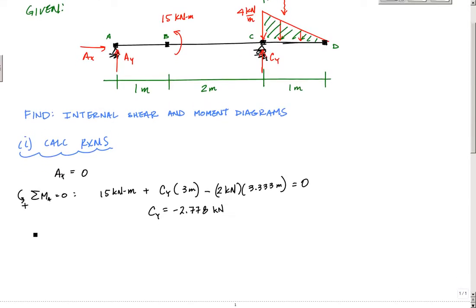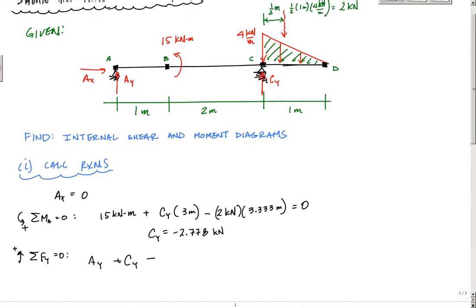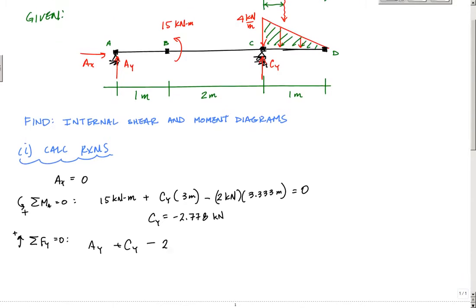When I do my sum of the forces in the y, positive upwards, equals 0, I'll have Ay plus Cy minus the resultant of this linearly distributed load, minus 2 kilonewtons, equals 0.